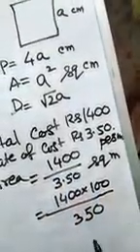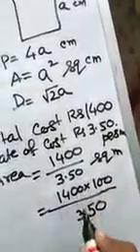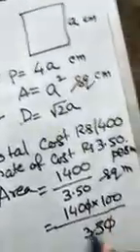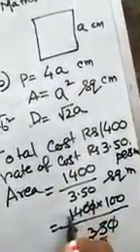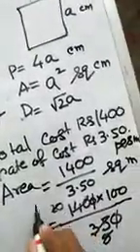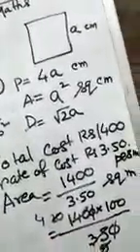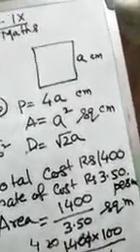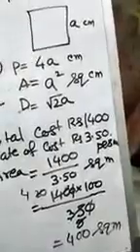Now 350 and 1400, we can first cancel: by 7 we cut the 5, and by 7 it cuts the 20, and by 5 it is cancelled by 4. So area is equal to 400 square meter.